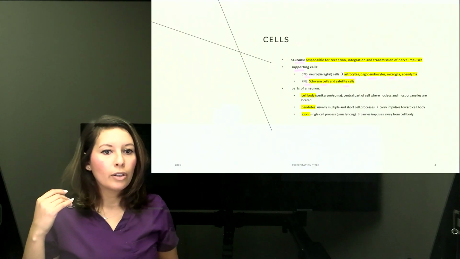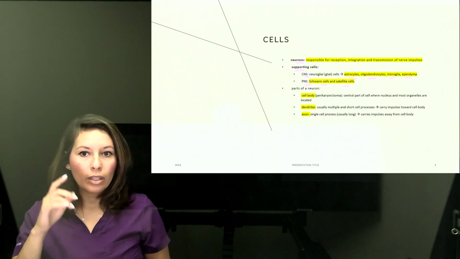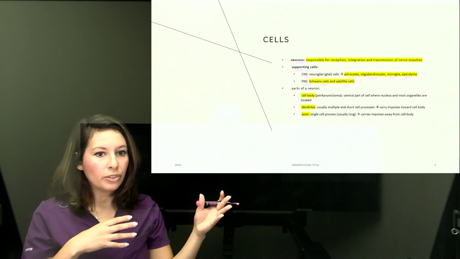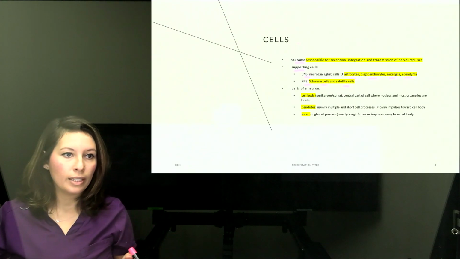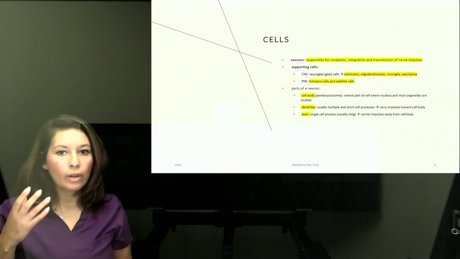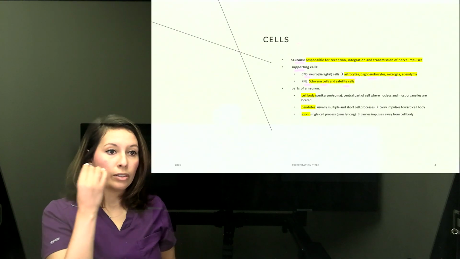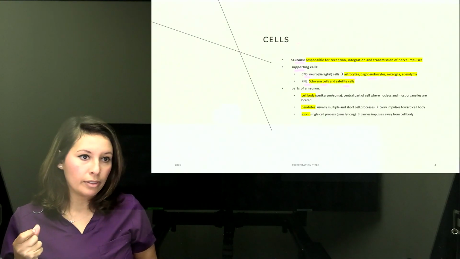They create what we call the myelin sheath to protect the axons and allow faster conduction of these action potentials. The only difference is that one is located within the central nervous system and the other in the peripheral nervous system.